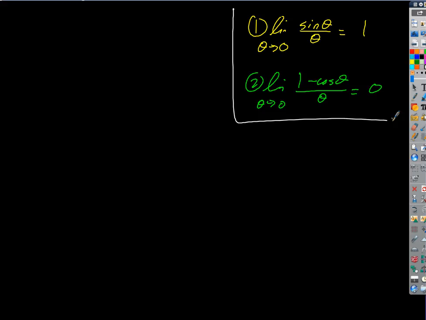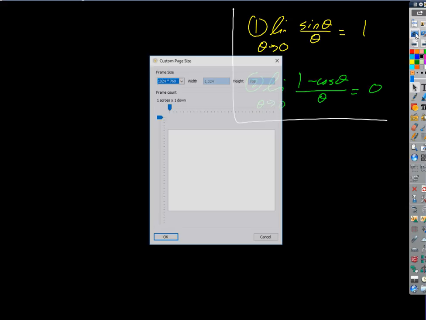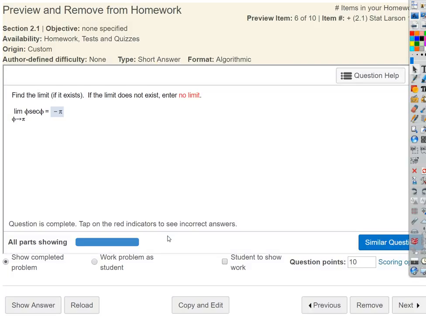Okay, so if we know those two and want to leverage them when we can, we will, but it won't work every time. For a problem like this one, it's not going to work. How come? You can see right away that neither of those is going to fit here.